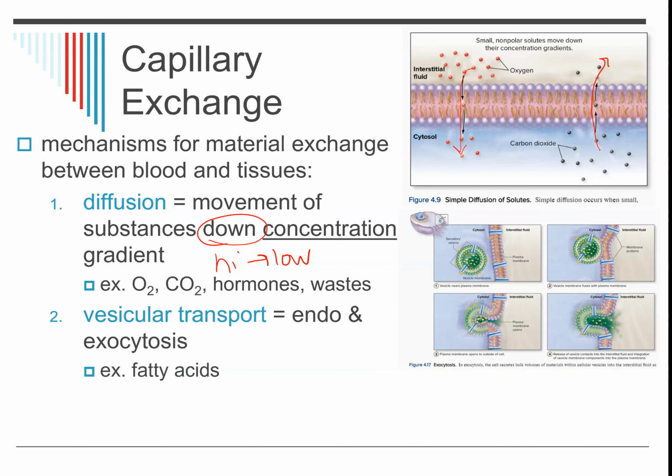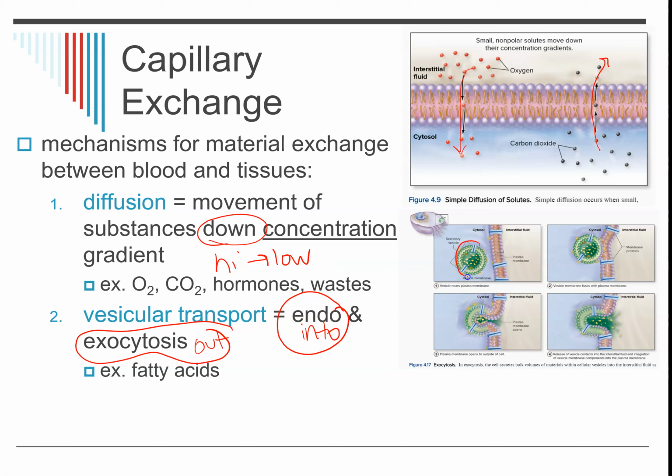Another way for things to be exchanged at the capillary level is vesicular transport. So endocytosis and exocytosis were also discussed in chapter 4. You should remember these pictures. Endocytosis is bringing materials into your cells, and exocytosis is out of or exiting the cell.